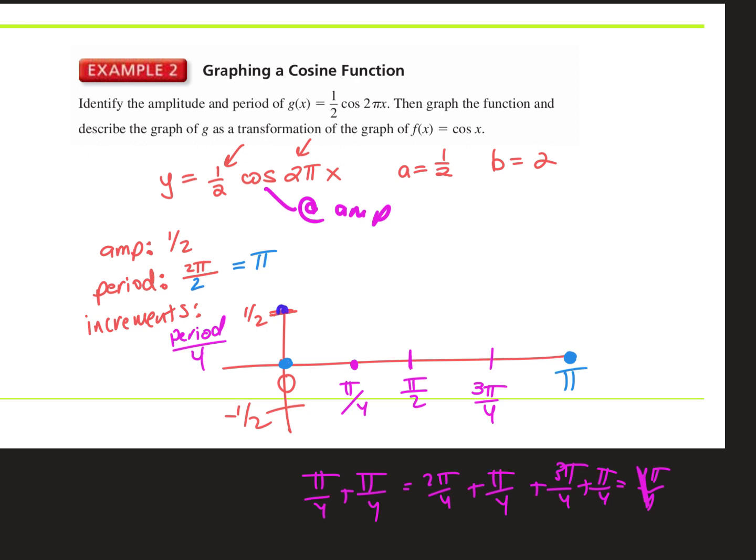So I start here at the positive, and then I go to 0. Then I go to negative 1/2. Then back to 0. And then back up. If I was going to continue this pattern, the next one would go back to 0, then down, back to 0. And it's just a nice little wave, just like this.